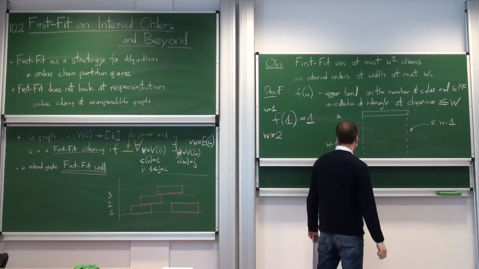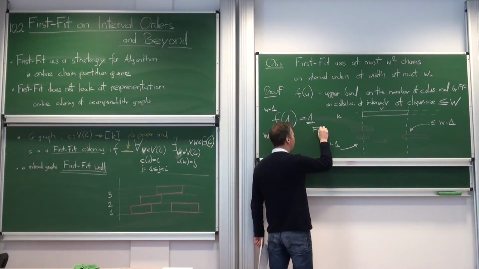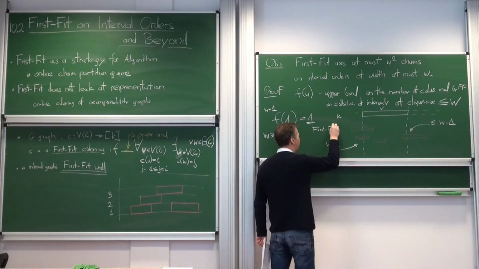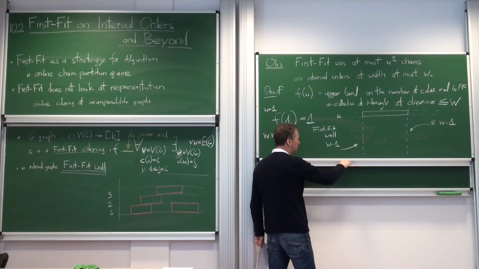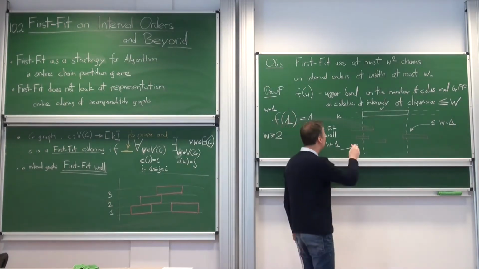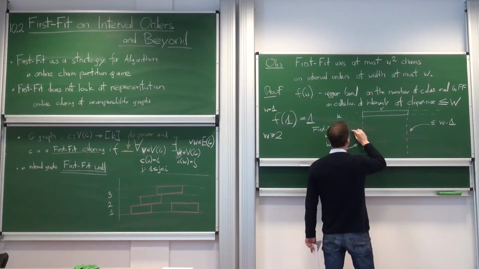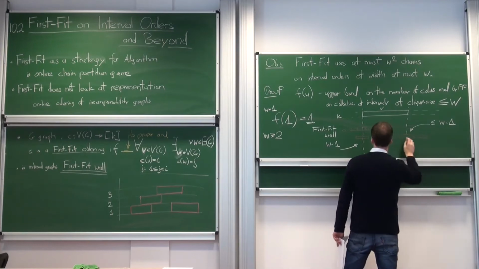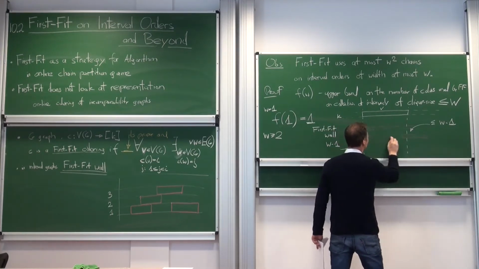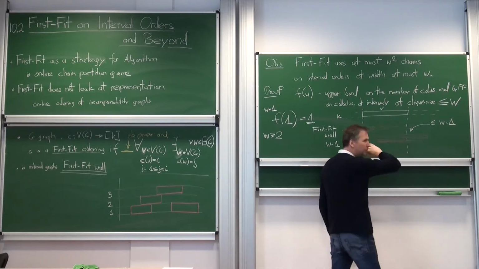So now if we have this first fit wall, please imagine that we kind of filter it out. So we just get rid of all the levels, all the red levels, yeah? We just filter them out, we remove them.